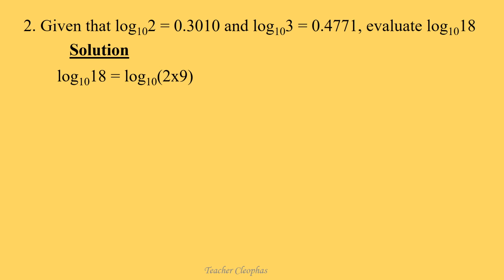Logarithm of 18 to base 10 can be expressed as logarithm of 2 times 9 to base 10. 2 times 9 is the same as 18. And further we can write 2 times 9 as 2 times 3 squared. So we can write logarithm of 18 to base 10 as logarithm of 2 times 3 squared to base 10.